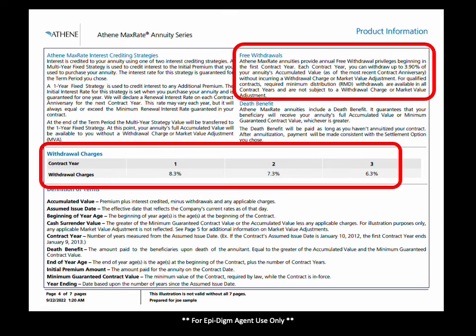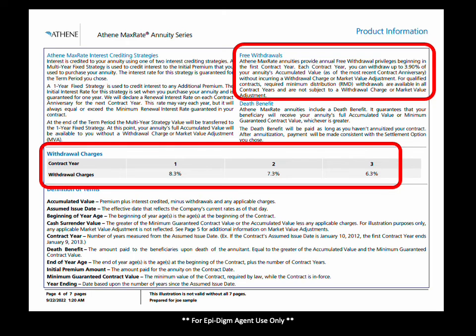So you see the difference in these two products? All right, without incurring withdrawal charge or market value adjustment. So this one also has a MVA. I don't think Enico has MVA, but I'm gonna tell you what MVA is next slide.